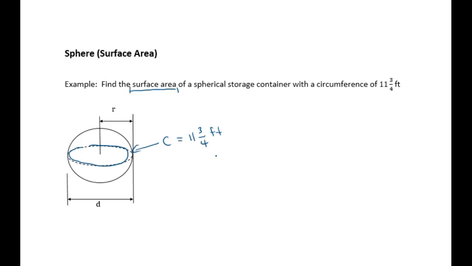When dealing with surface area of a sphere, we have two formulas. We only have one measurement, so we don't have to deal with any conversions. And we should be able to make the distinction between diameter and radius.